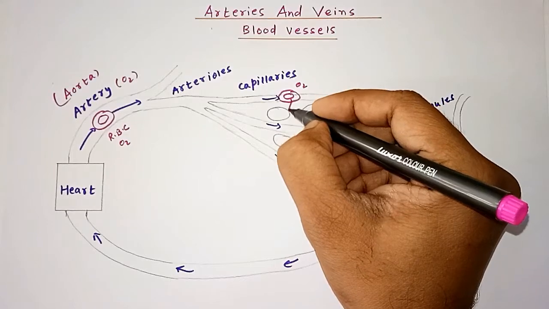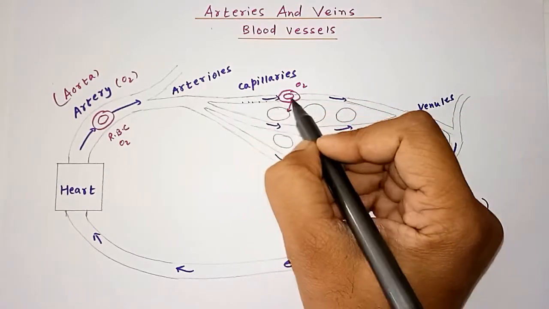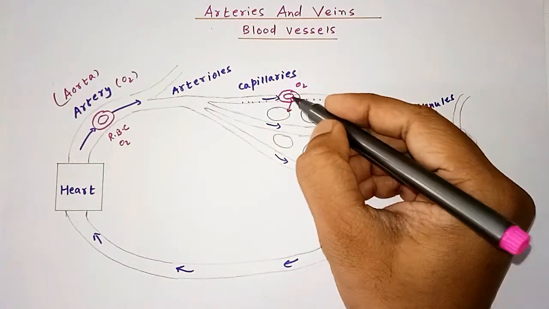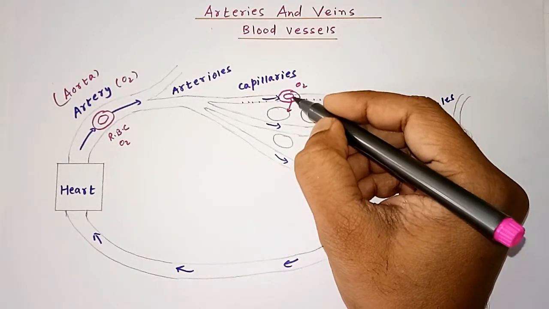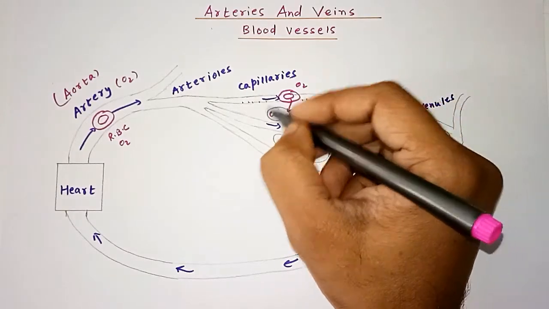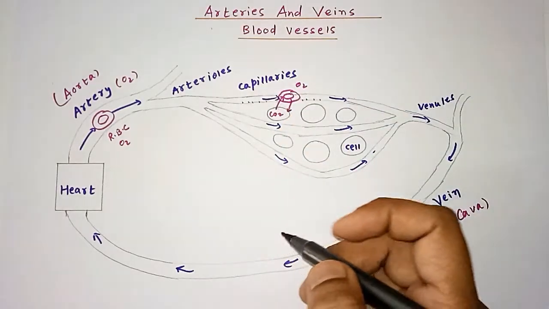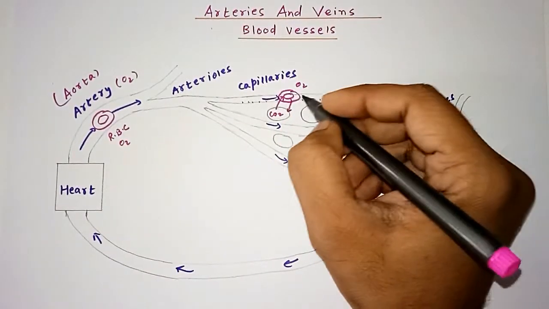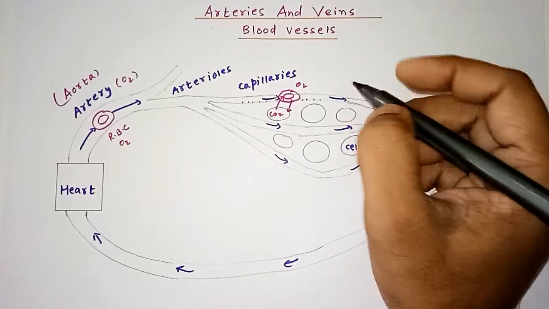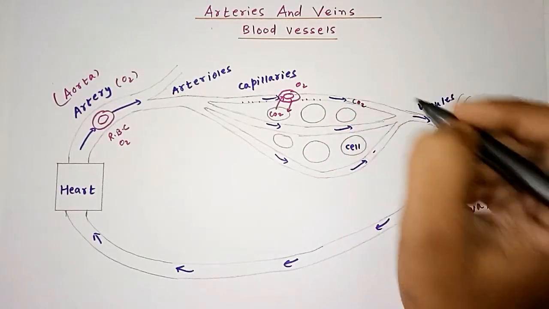Now this oxygen gets diffused through the porous walls. There are small pores on the surface of the capillaries. So through those pores the oxygen diffuses in, and the carbon dioxide which is present over here, a byproduct of respiration, goes back into the red blood cell. So now after the exchange of the gases, we have a red blood cell that contains carbon dioxide.